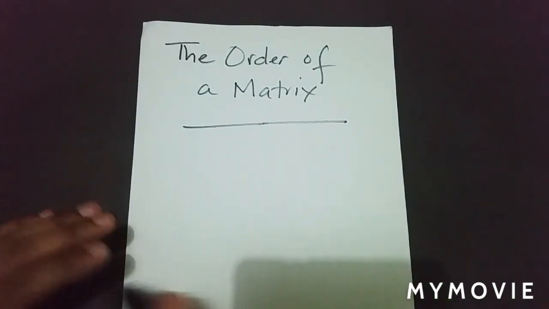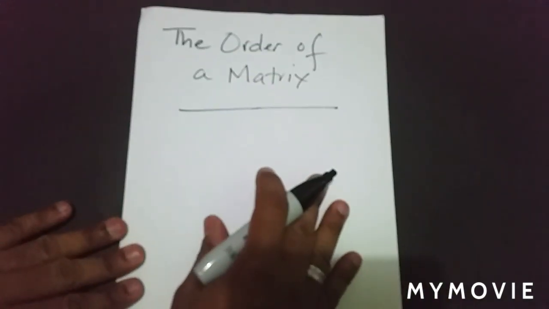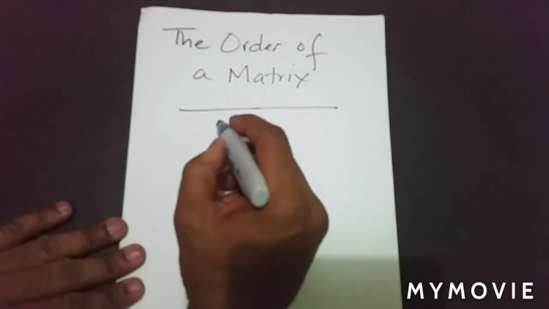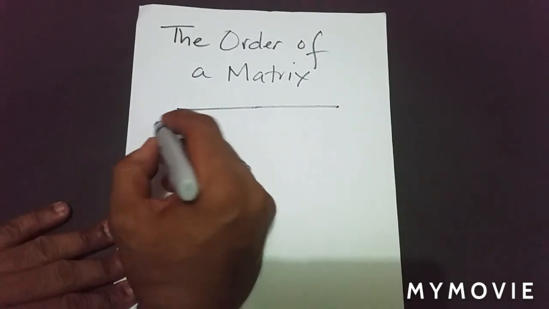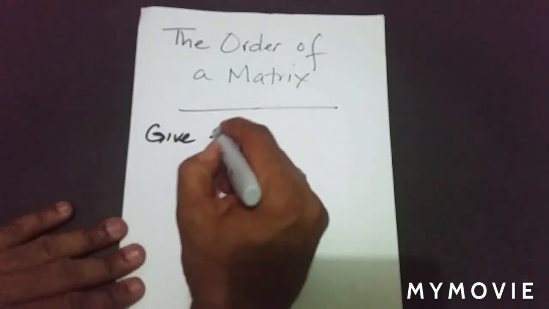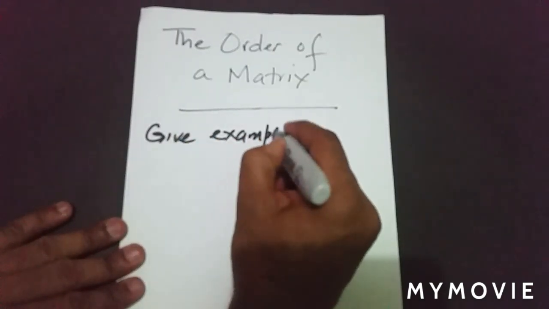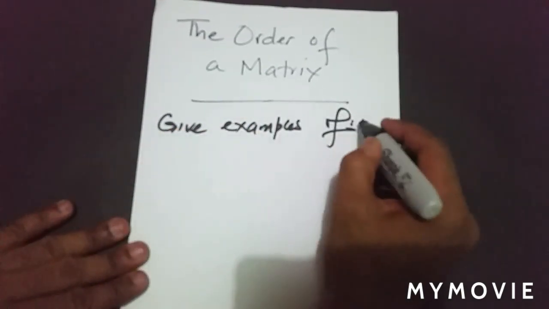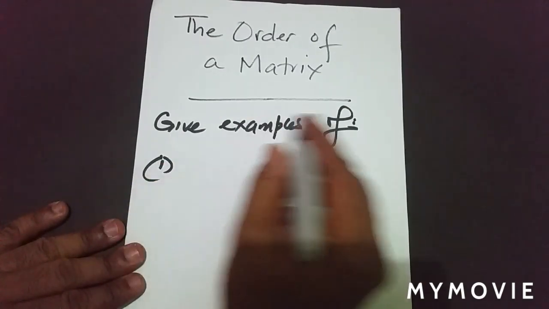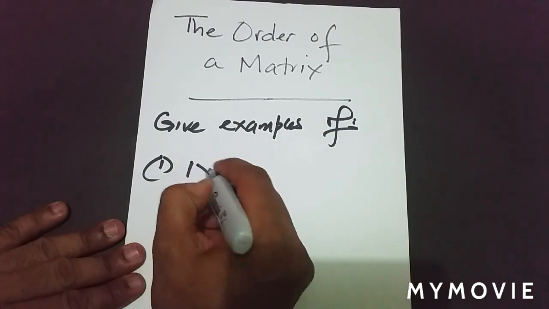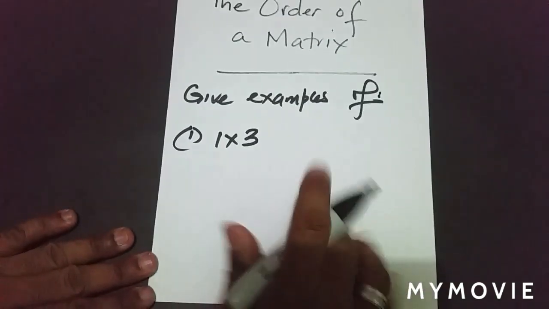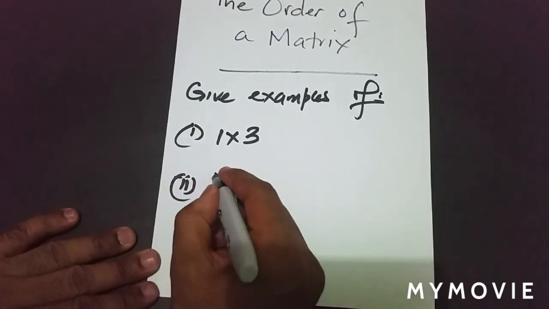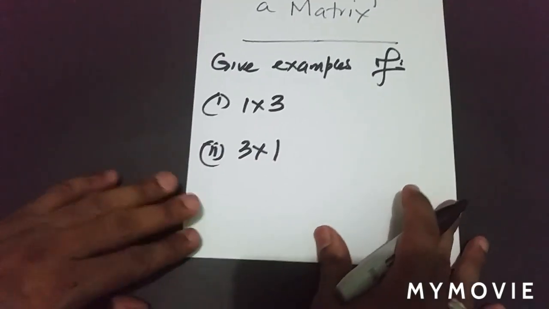So what I'm going to ask you guys to do now is to give examples easily of the following. So you're going to give examples of a 1 by 3 matrix, a 3 by 1 matrix.